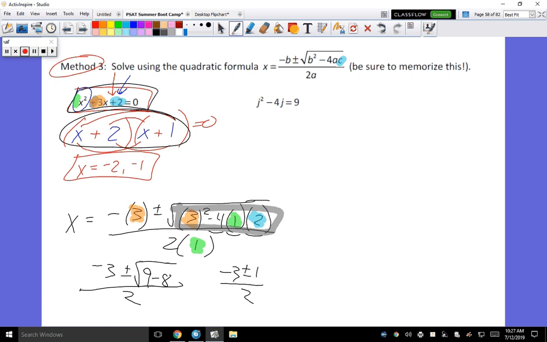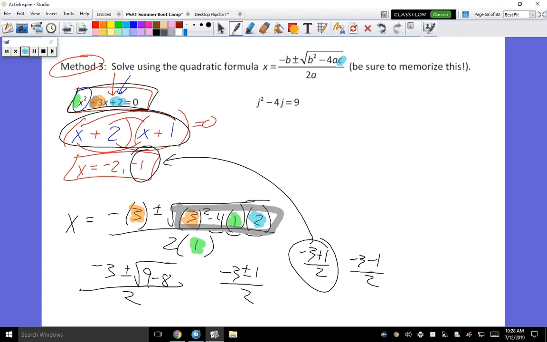That's saying negative 3 plus 1 over 2 and negative 3 minus 1 over 2. What's negative 3 plus 1 over 2 equal? Negative 1. And then negative 3 minus 1 is negative 4 divided by the positive 2, which gives you the negative 2. Okay? Alright.